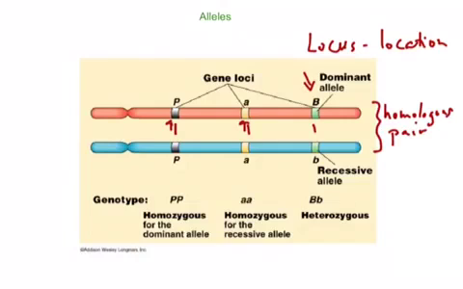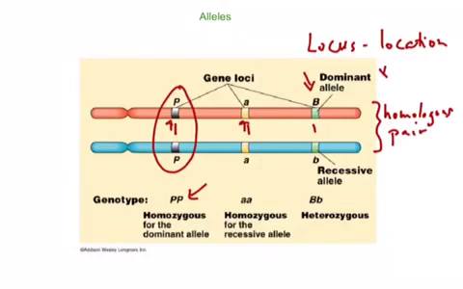If you have exactly the same version or the same alleles on a homologous pair, then we talk about this gene as being homozygous. It could be that the allele is a dominant form of the gene.